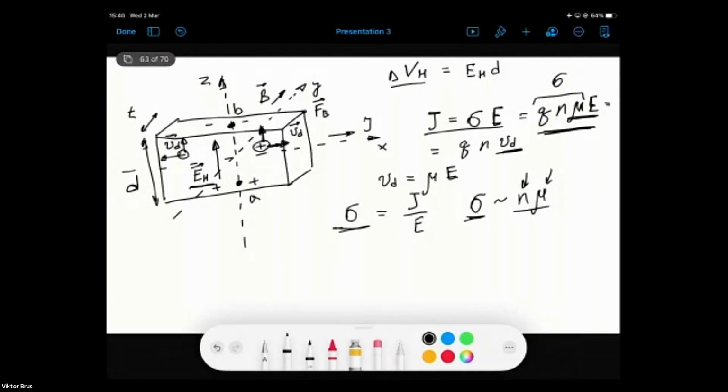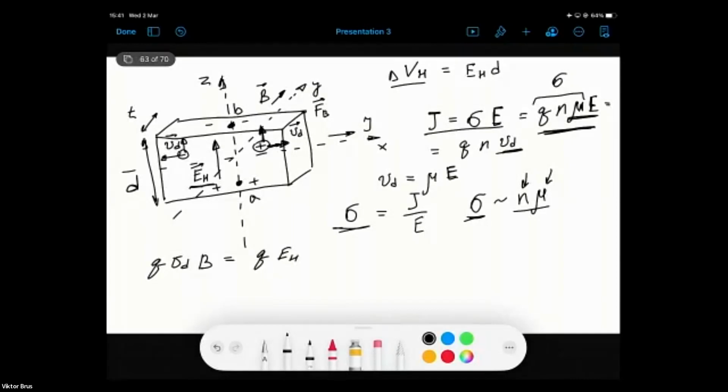So they will be oriented in different directions, and at some point there will be equilibrium. So we can write for magnetic field Q times VD times B should be equal under steady state condition to Q times EH. So that is equilibrium condition for compensation of magnetic force by electric force.